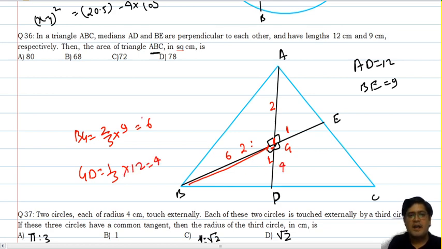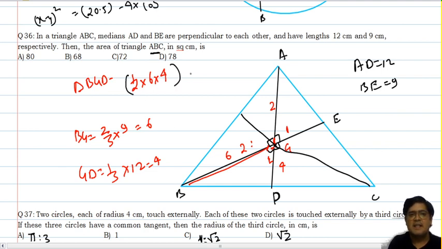Now here I can find the area of the triangle BGD as half of base into height. Now recall this, we have talked about it a couple of times by now. If I draw one more median like this, there are 6 equal areas created. This is one of those areas.